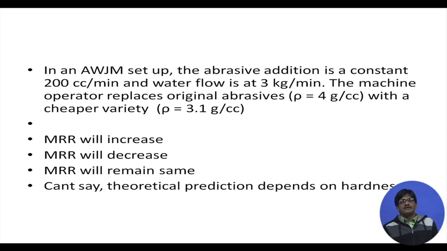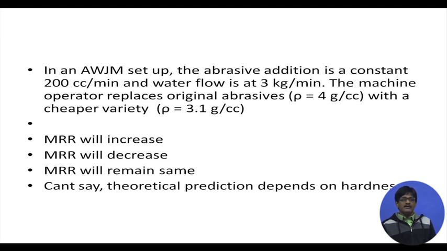Okay. So, let us try to find out what is being talked about. If abrasive addition is at a constant volume rate, then mass flow rate is also at a constant rate. But the moment you are changing over from one abrasive to another, the rho is changing, which means that the abrasive mass flow rate is going to change.